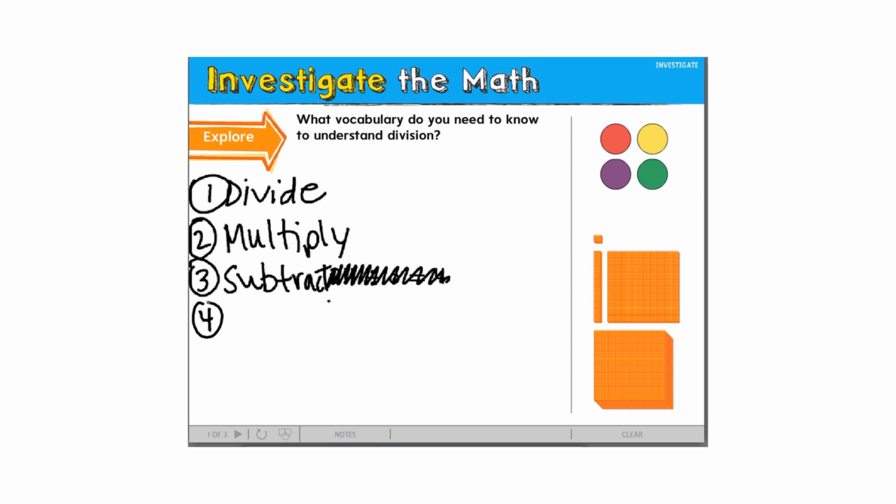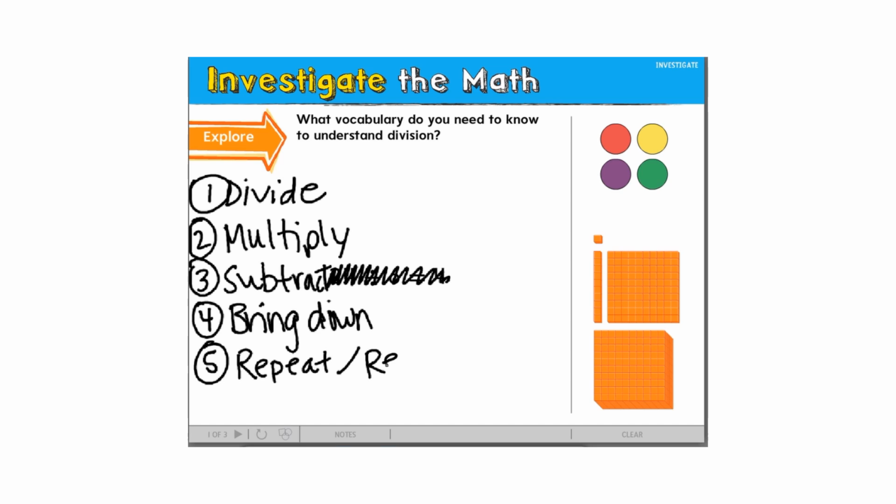And number 4 is to bring down. Step number 5 could either be repeat or remainder. So either you repeat it if there's another number. If there's no other numbers, then you have a remainder. So you can make this repeat or remainder.